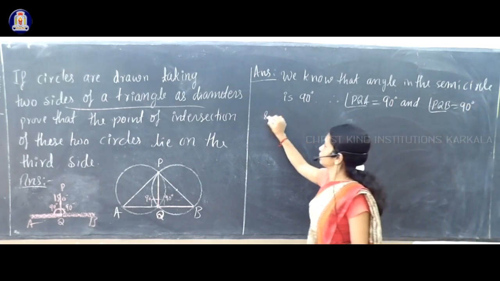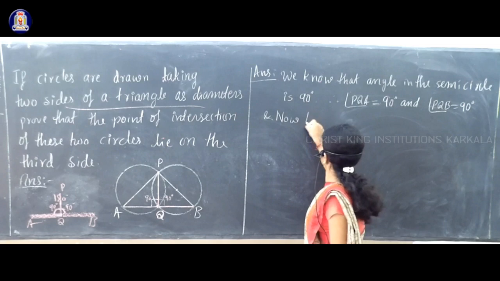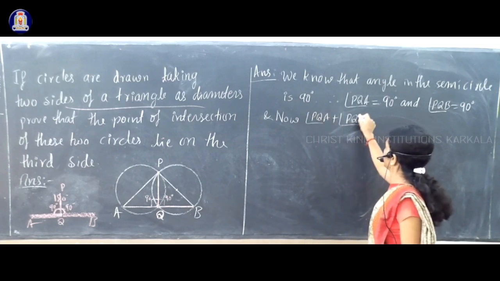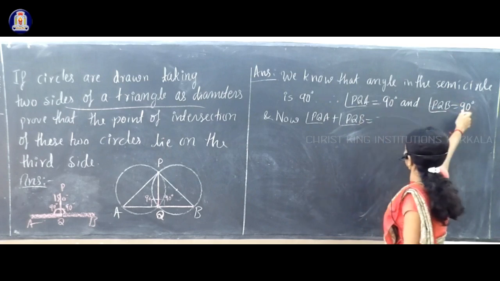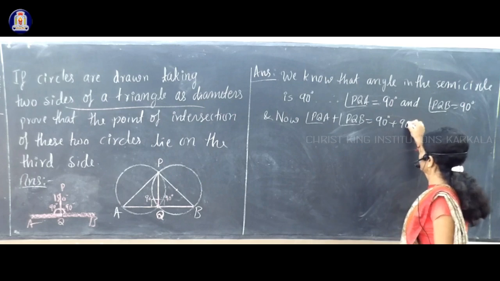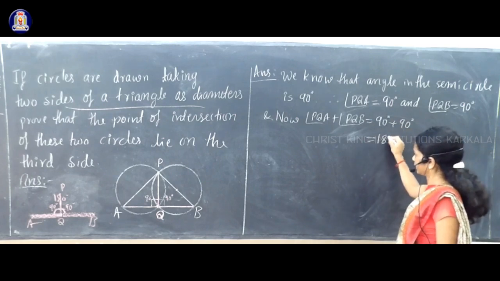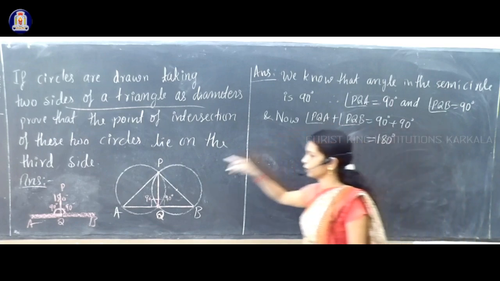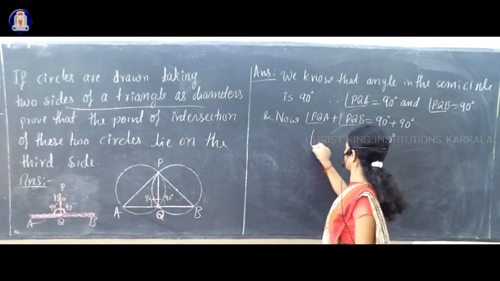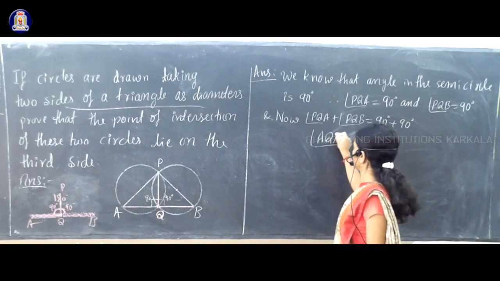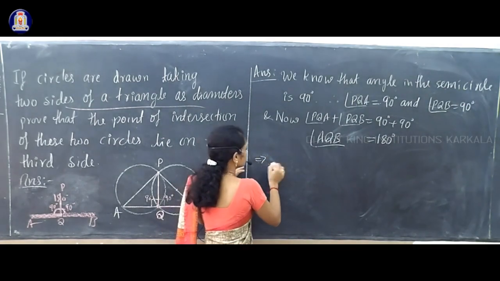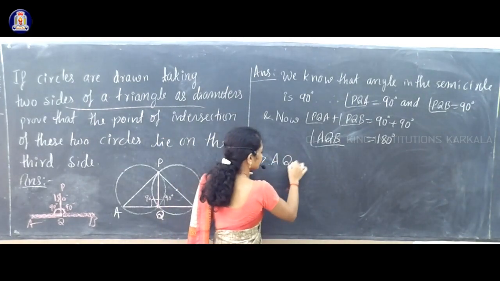And now add: angle PQA plus angle PQB is equal to 90 plus 90. Adding these two, 90 degree plus 90 degree is 180 degree on the right side, and PQA plus PQB gives you angle AQB. That is, angle AQB is equal to 180 degree. Implies AQB is a straight line.